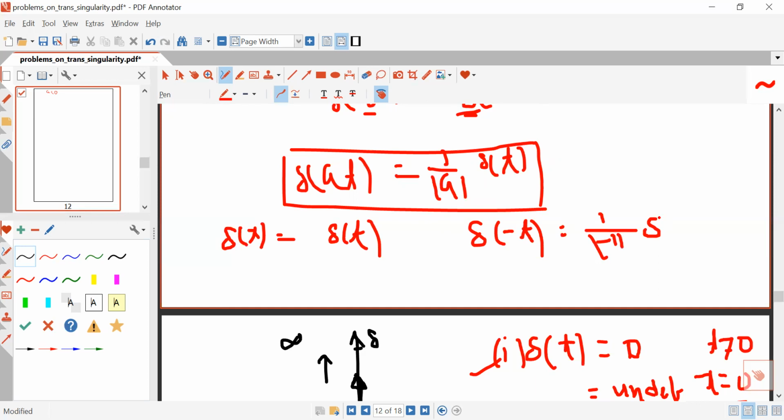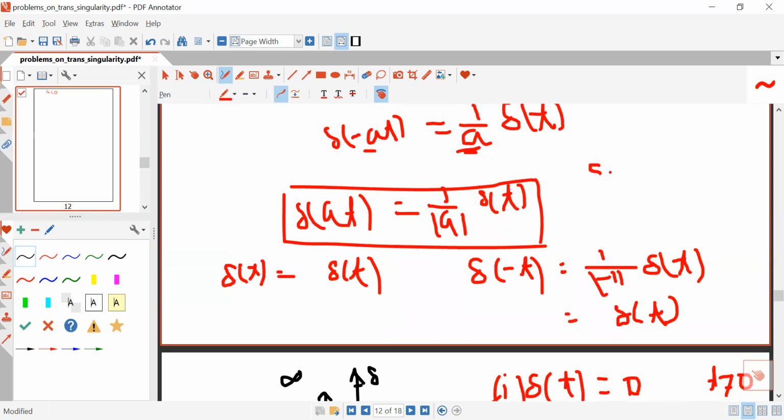You will get this result from the use of scaling property. And mod of minus 1 will be 1. 1 by 1 again will be delta t. So you can see here both delta t and delta minus t are equal to each other, and this is the property of even signal. So you can say your impulse signal is even signal.